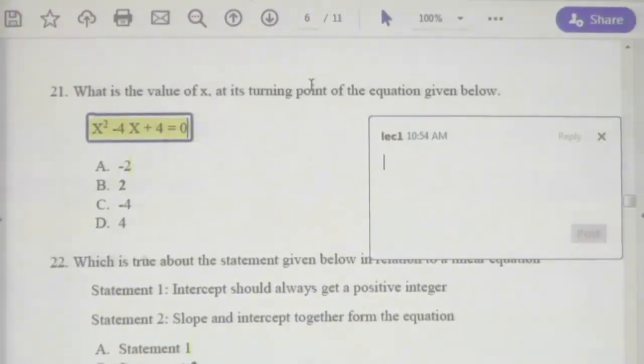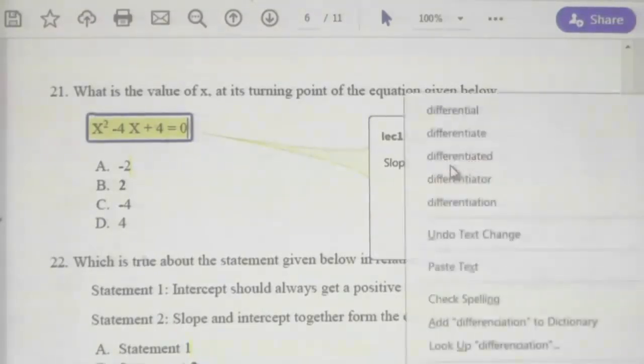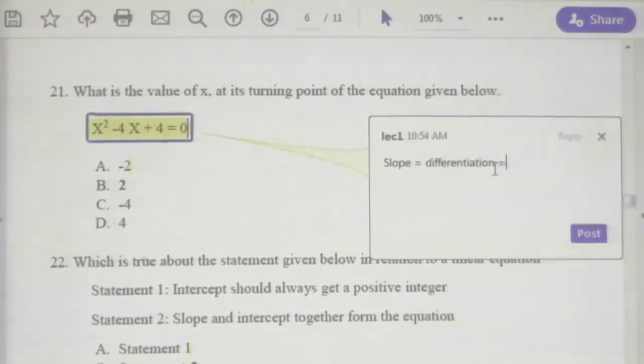What is the slope of an equation? That is the differentiation of that equation. Okay, let's take the differentiation. The differentiation is dy by dx.